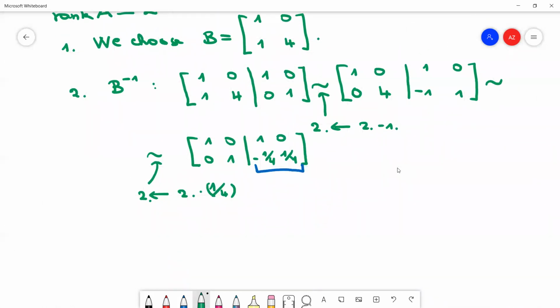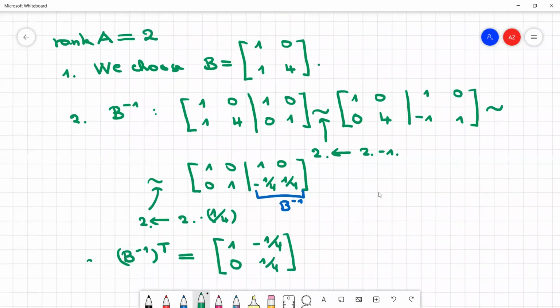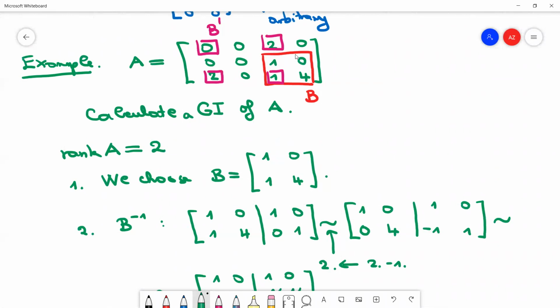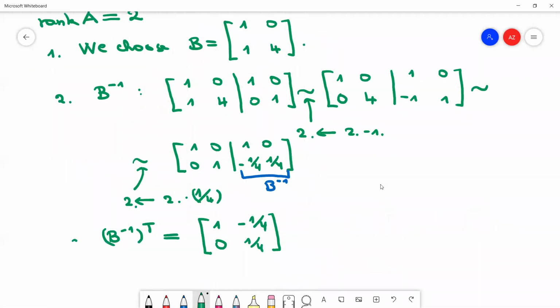Okay, so this is B inverse. B inverse transpose is then 1, minus 1/4, and then 0 and 1/4. And we said that we plug this into the corresponding place of B. So we plug here B inverse transpose, and on all other places, we have zeros.